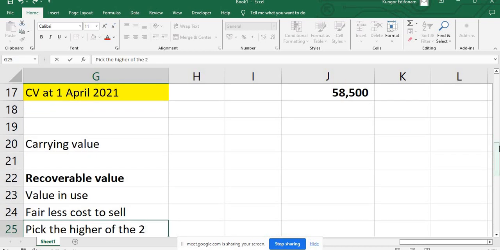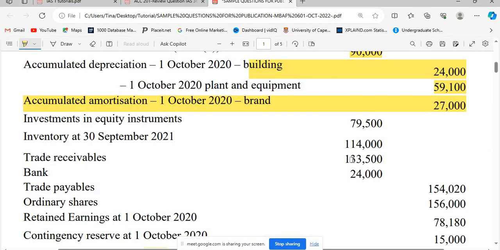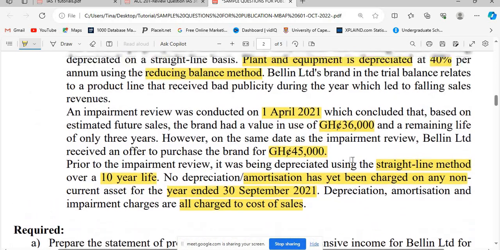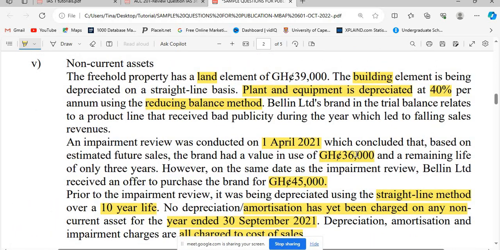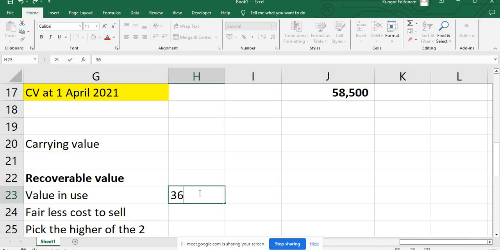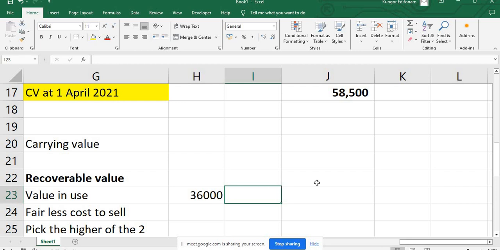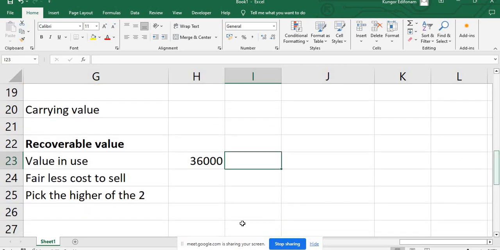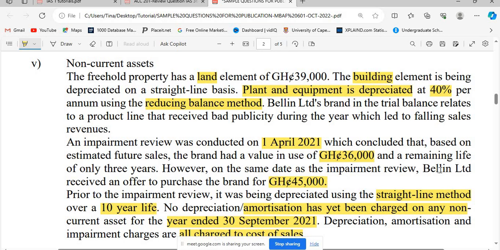Our question is saying that we have a brand, and we were told that the brand had a value in use of 36,000. So the value in use is 36,000. And then we're told that Berlin Limited received an offer to purchase the brand for 45,000. So there was an offer to purchase the brand at 45,000.